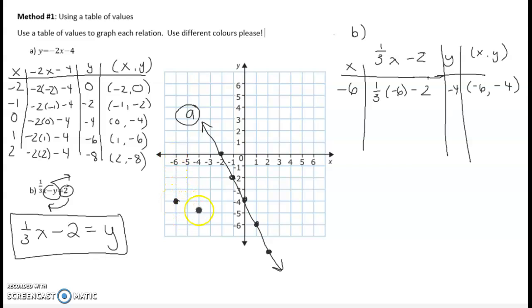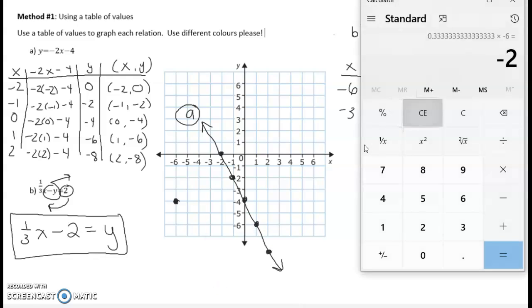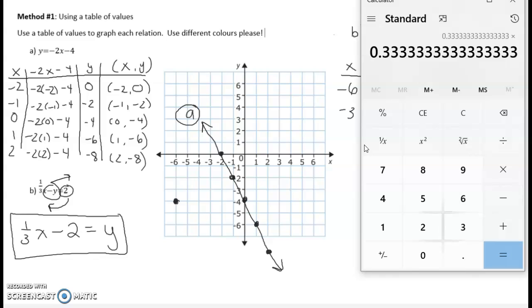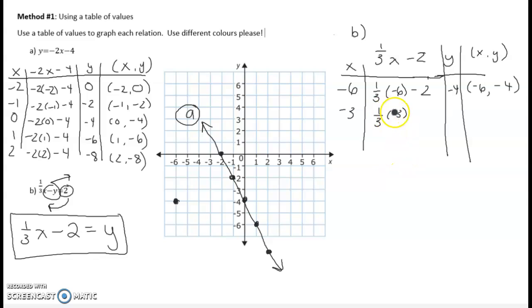Putting a dot. Next one, we're going to use -3. So 1/3 times -3 gives me -1. I won't go over all of them, just the first couple. So we have -1, minus 2 gives me -3.